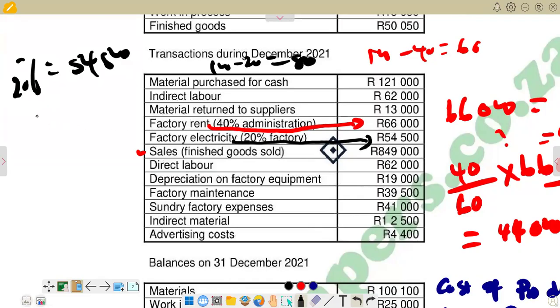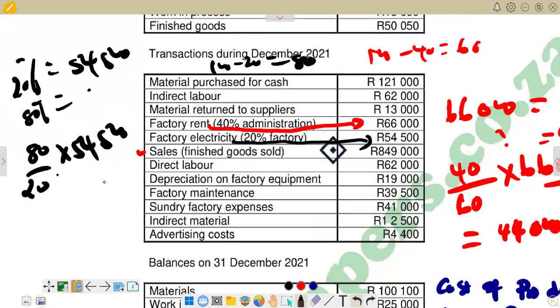So 80% is for the administration, which is the one that we are looking for. So we are now going to say 80 over 20 times 54,500 over 1. And then the answer that you are supposed to get there is 218,000. So we can just go there and summarize that on the working part.